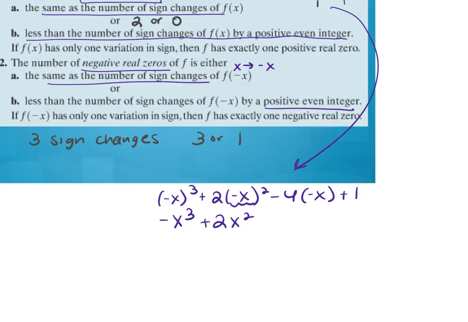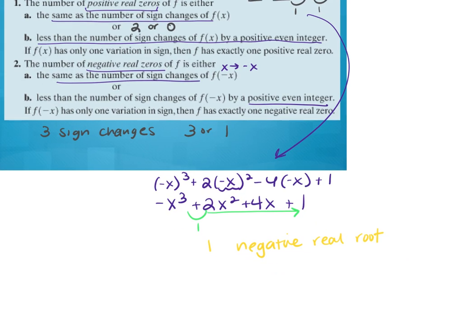Negative 4 and negative x is positive 4x plus 1. So here's one sign change, and then it stays positive, which means there is one negative real root. And we can't subtract 2 from that because then it would be a negative number, which we don't want to use. So we would say it's exactly one negative real root.